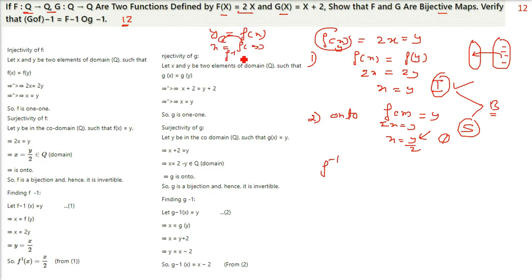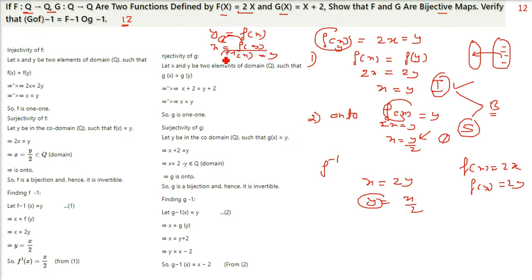So wherever we get y, we'll put it as f inverse of x in x equals f(y). This is what you have to use in order to find the inverse. Please remember. So f(x) is 2x, f(y) will be what? 2y. So put it here, 2y. And we have to find out y here. y equals x by 2. y is what? f inverse of x. So f inverse of x is equal to x by 2. So f inverse of x you got.